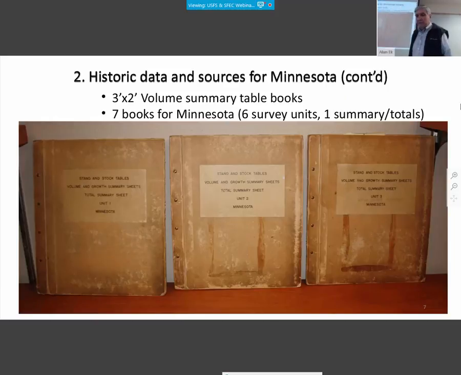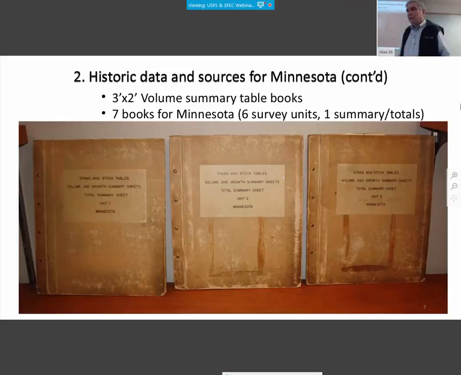And out of the archive building at the old arsenal came 7 of these books for Minnesota, 6 or 7, Brian? One for each survey unit. Here's 3. They were about 2.5 feet by 2.5 feet with blueprint-type spreadsheets, and all the numbers were filled in by hand from the 30 or 40,000 plots in each state.